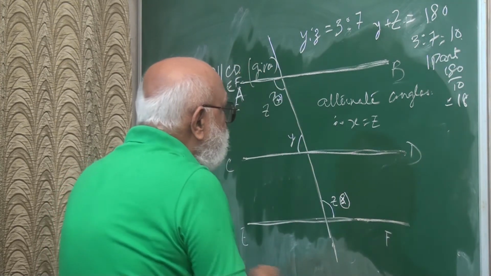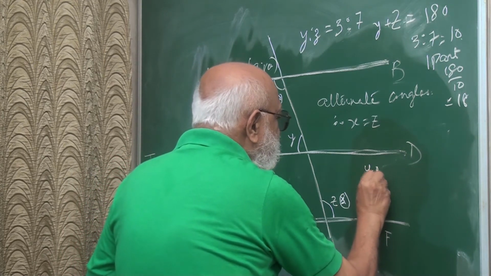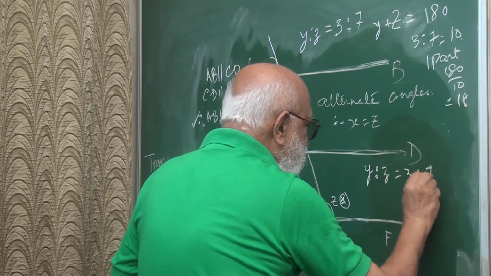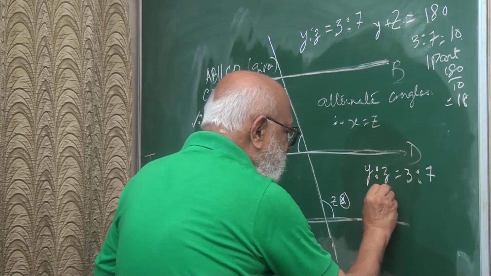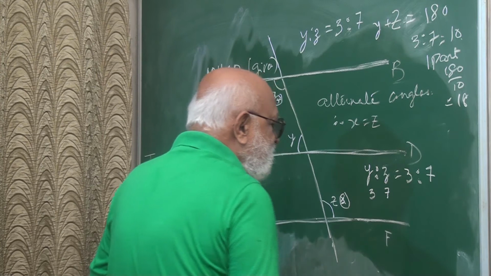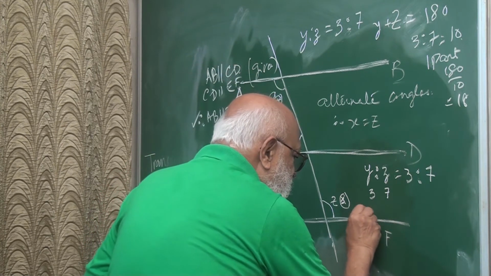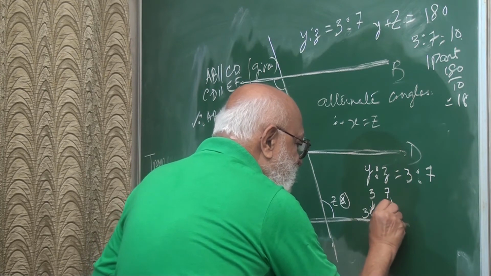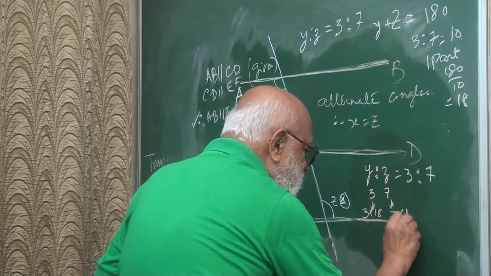So y is to z is equal to 3 is to 7, which means y is 3 and z is 7. So this would be 3 into 18 and this will be 7 into 18.